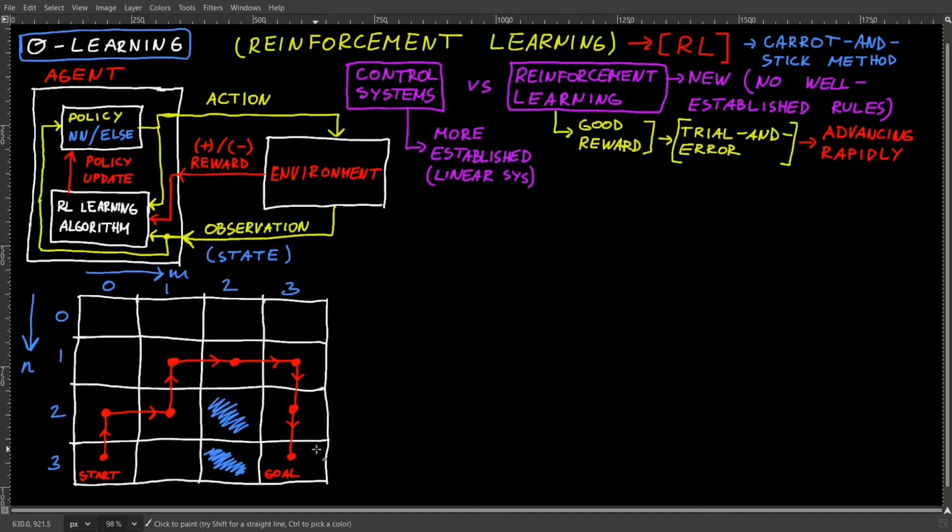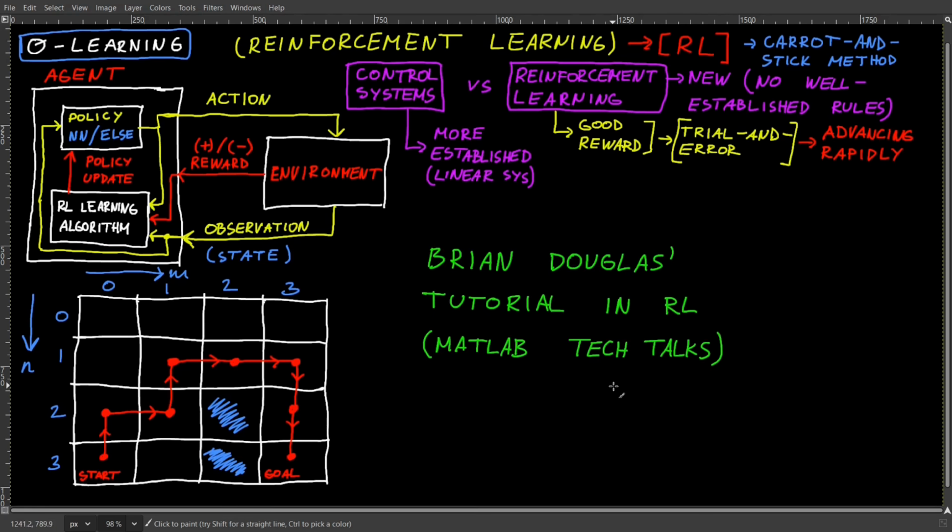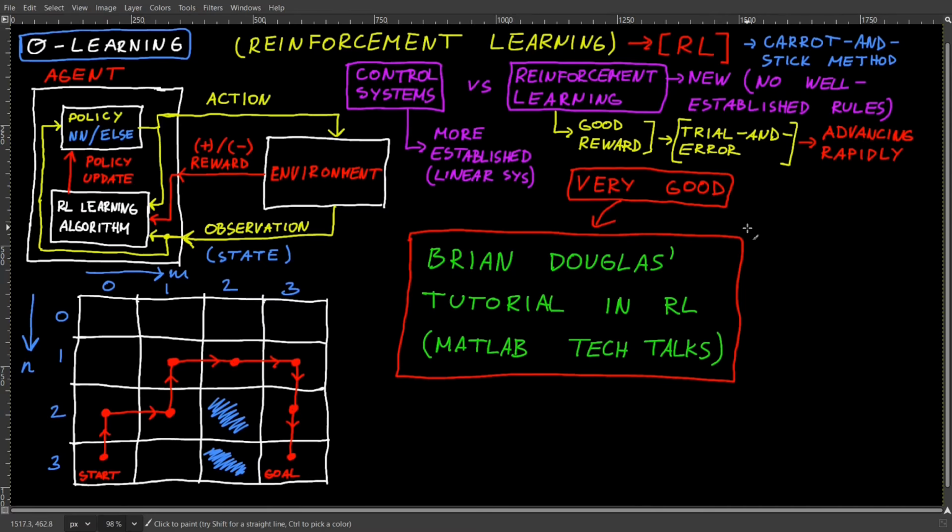It will introduce certain concepts that will make explaining TD3 simpler later on. I'm going to take this example from Brian Douglas's tutorial on reinforcement learning. It's a very good tutorial that I also recommend you to watch. I've added the link to his tutorial in the description.